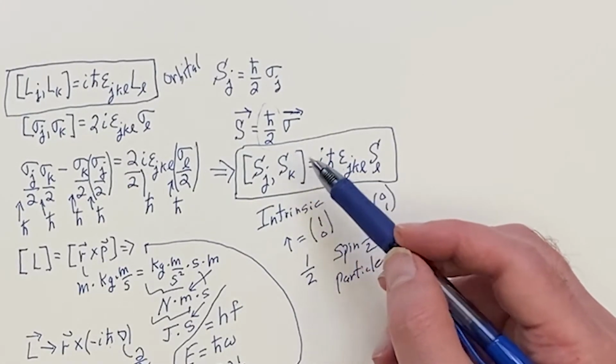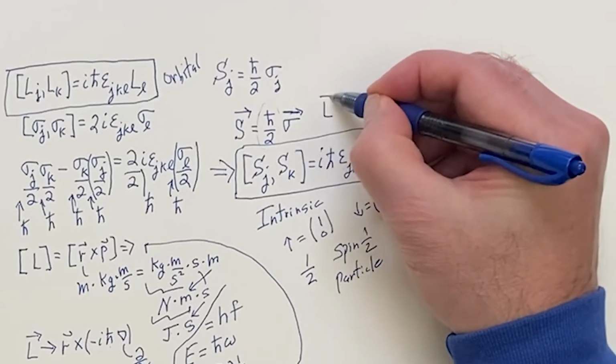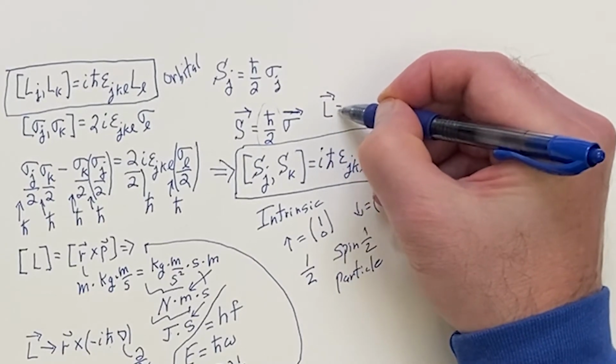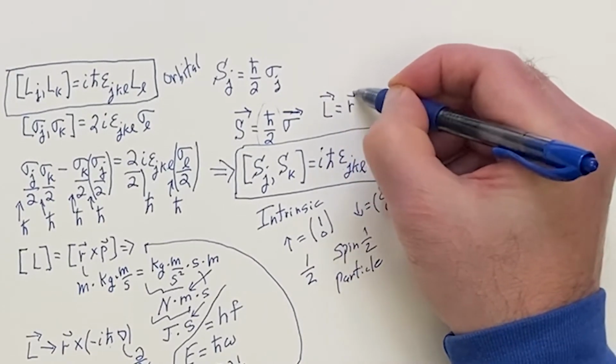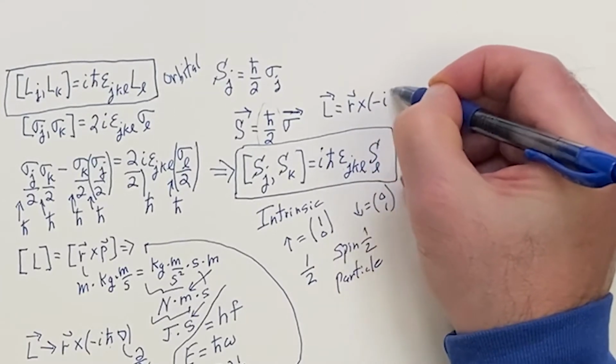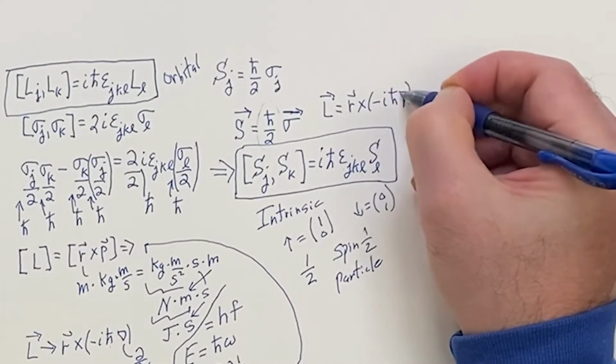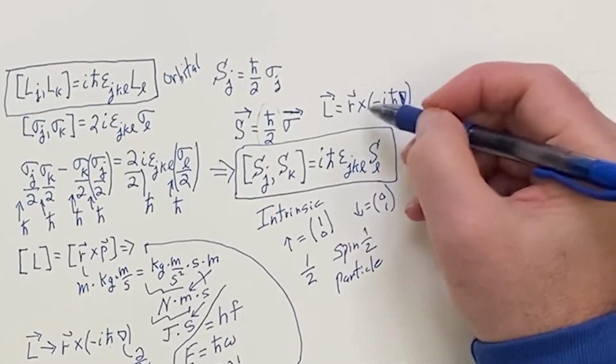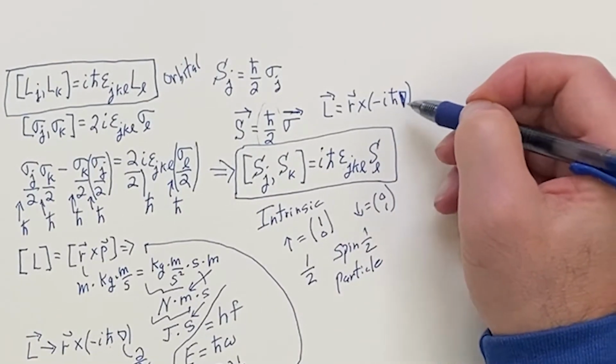While when you had the angular momentum here, the operator here has an h bar.